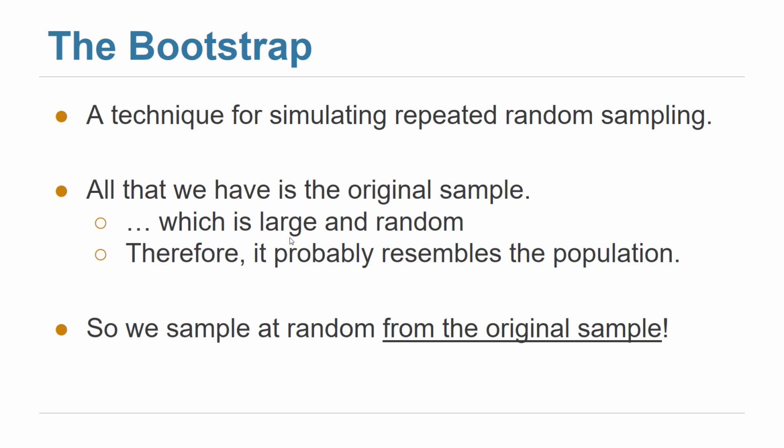But in the bootstrap method, we resample at random from the original sample, not the population. Remember, we have the population, we got one original sample. Then in this method, we will resample from that original sample. Now when we resample from the original sample, we have multiple samples.